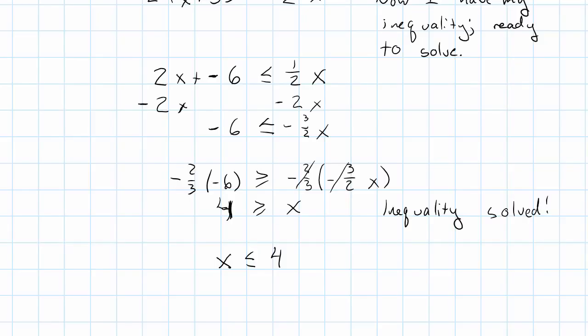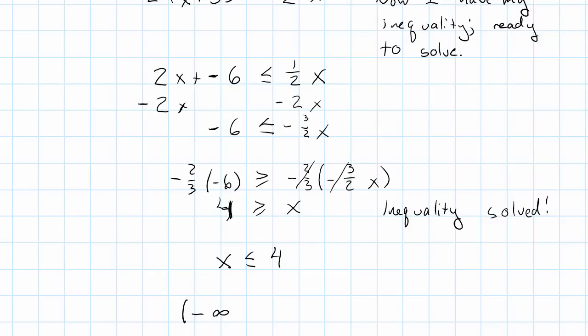So let's see. To write down an interval, first of all, I want to say what is the smallest number. The smallest number here, well, there isn't a smallest number that's less than 4. So there isn't a smallest number, so my interval starts at negative infinity.